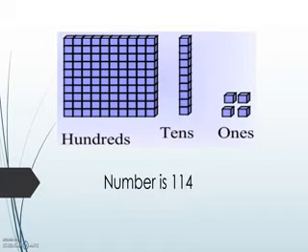How many tens block are there? Only 1. So the next number is 1. How many hundreds block are there? Only 1. So the number is 114. Only 1 hundreds block and only 1 tens block and 4 ones block are there. So 114.